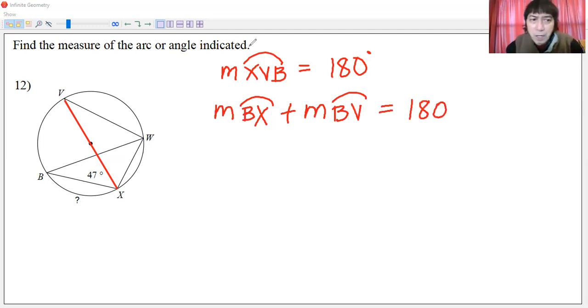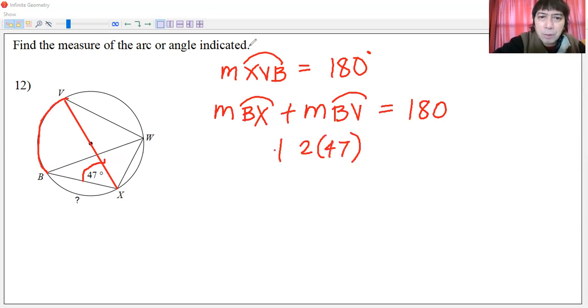Notice the arc BV over here. That's 2 times the inscribed angle with a 47 there. So that means 2 times 47 plus the measure of the unknown BX, and this is equivalent to 180 there.